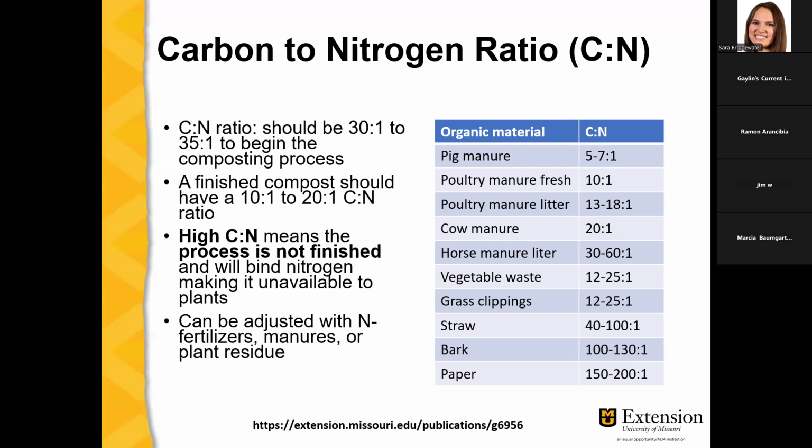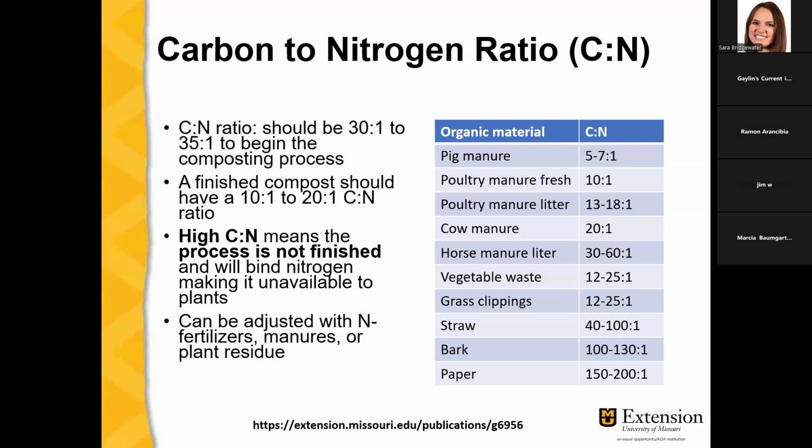Other materials are much higher in nitrogen, so they have a very low carbon to nitrogen ratio. Essentially, the idea is to mix several of these types of material to reach a carbon to nitrogen ratio of about 30 to 1 or 35 to 1, just to begin the process.